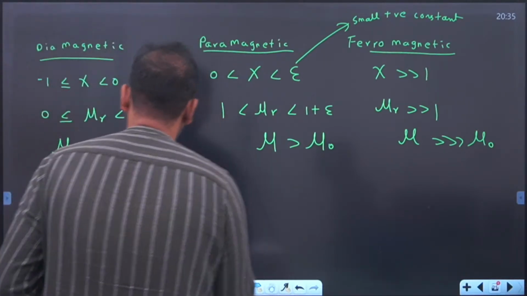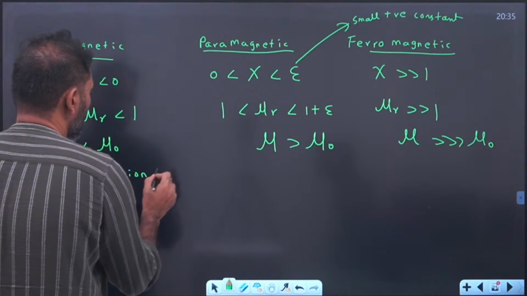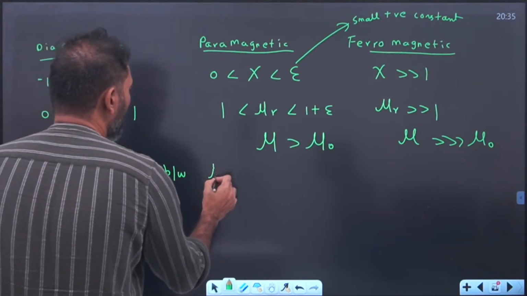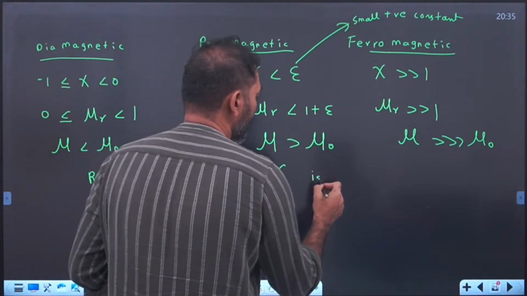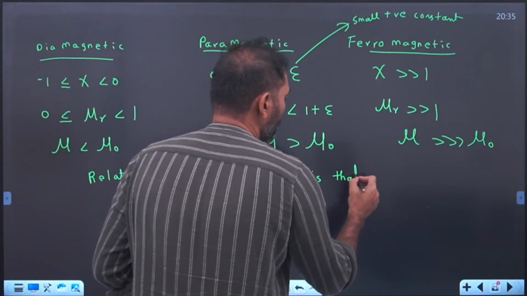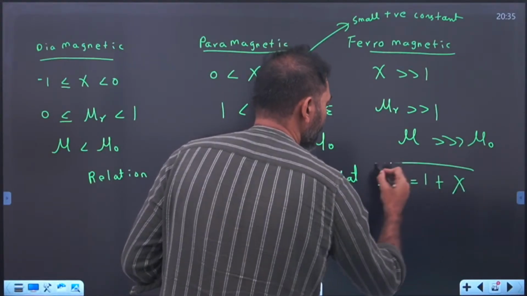Done, right? Now, the relation between mu r and chi is that mu r equals 1 plus chi.